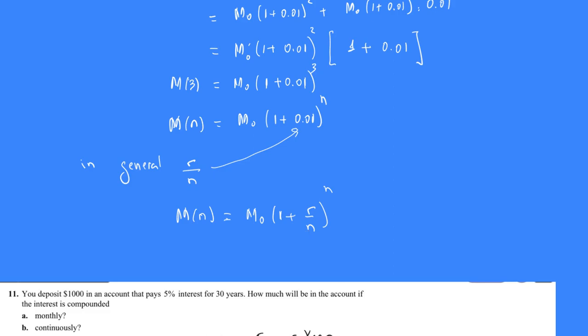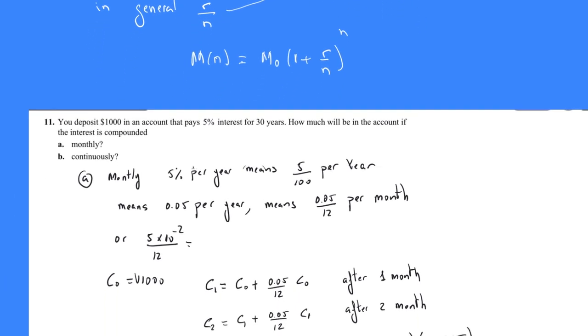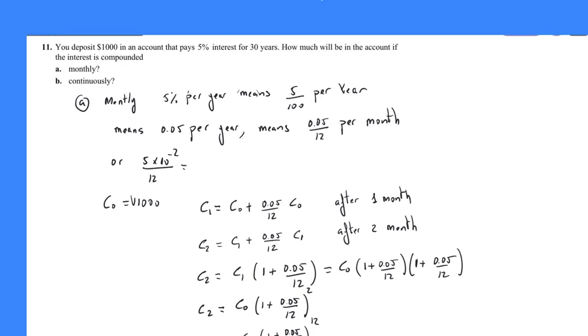So now let's do the problem. The problem says, if you have $1,000 and you compound the $1,000 and they pay you 5%, after 30 years, how much will be in your account?